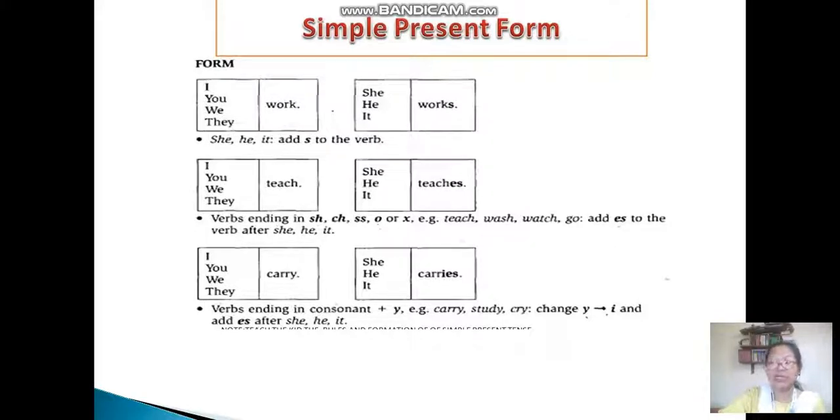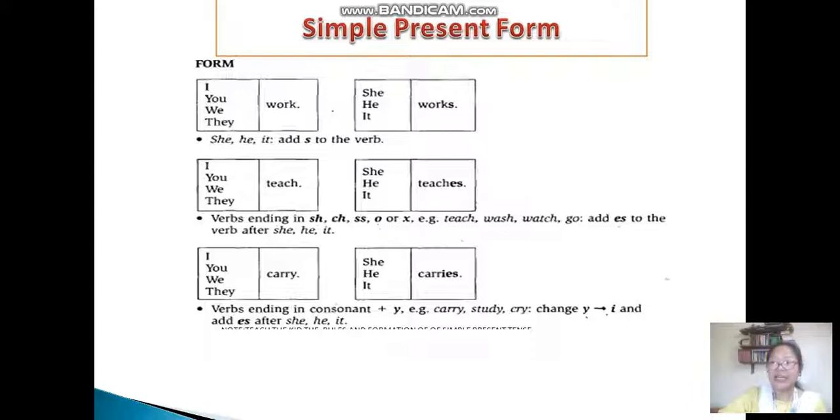But if the third person is plural, we use the first form of the verb. The example given is work. Then there are a few more examples given here. I teach, you teach, we teach. Here again there is only the first form of the verb.